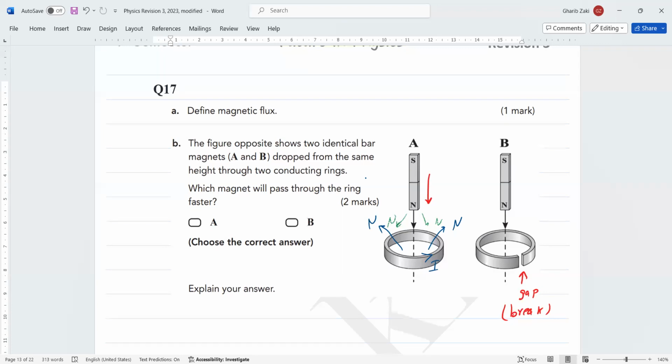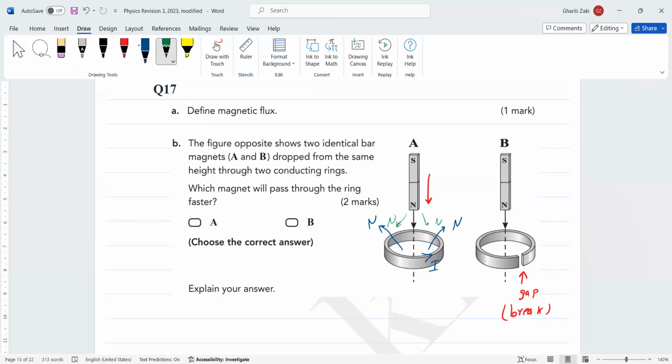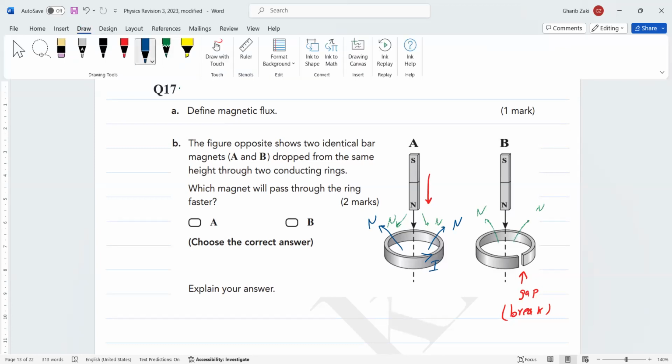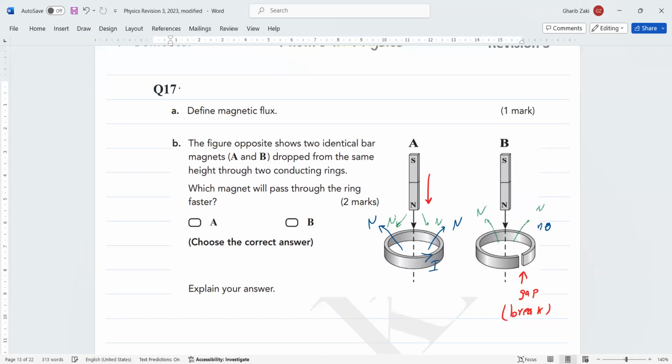It goes in this direction. But what happened here? This is also north, but because of this gap, the current cannot be completed. The gap will stop the current, so no EMF is induced. So there is no magnetic field in the open ring. Then magnet B moves faster because nothing will happen in the ring, because it's open. Then the answer here is B.